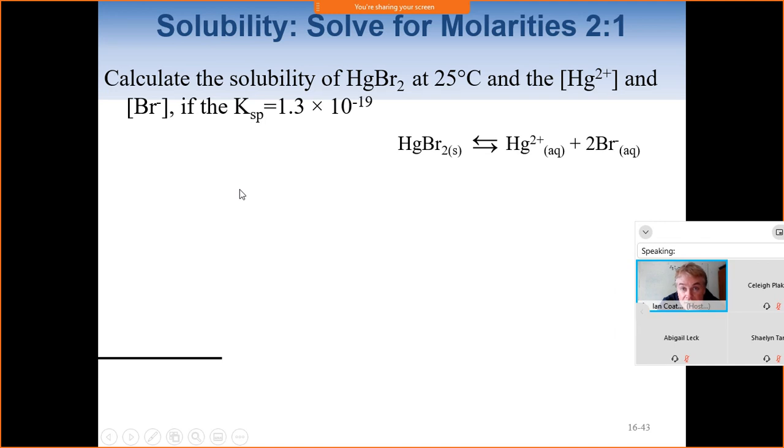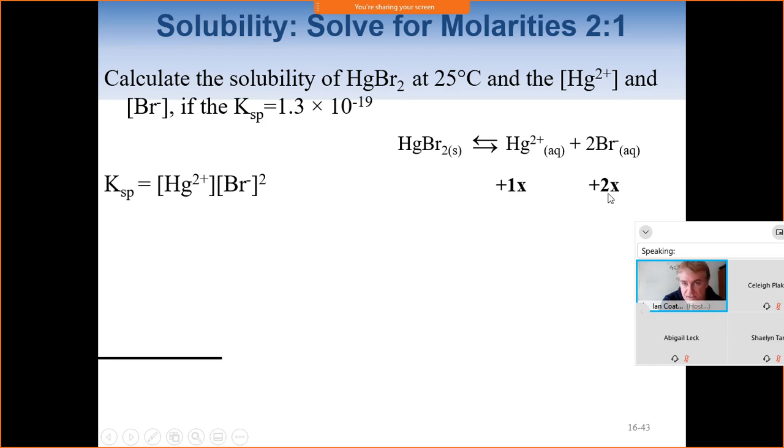All right, so have a look at this here and notice that you have a coefficient here. And when this guy breaks, one mercury is going to break, but 2 bromines are going to break. So one of these will produce X and 2X.